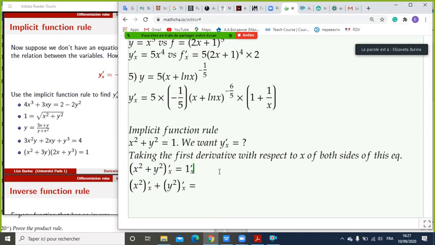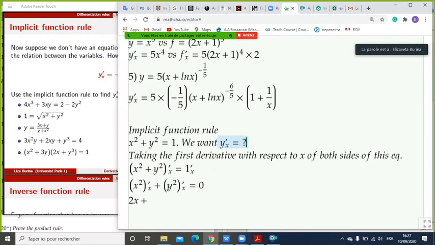With the right hand side, I already know the derivative of 1 with respect to x. 1 is a constant, so the derivative will be equal to 0 because there is no x. Now, the derivative of x squared with respect to x is 2x. And the derivative of y squared with respect to x, well, here is the deal. We don't know what y is, but y is going to be a function of x. What we wanted in the beginning is the derivative of y with respect to x, thinking that y is a function of x.